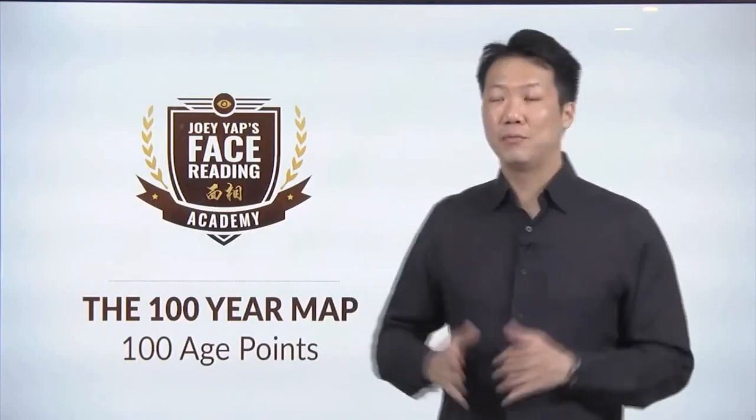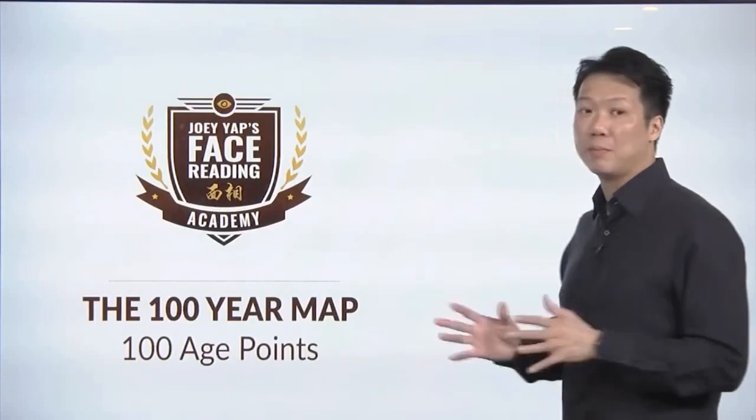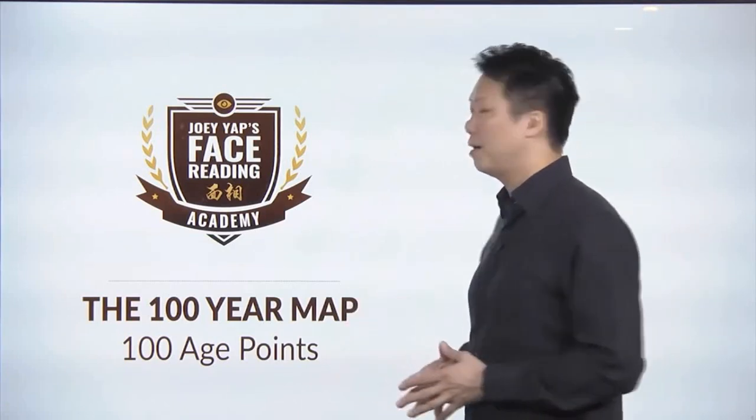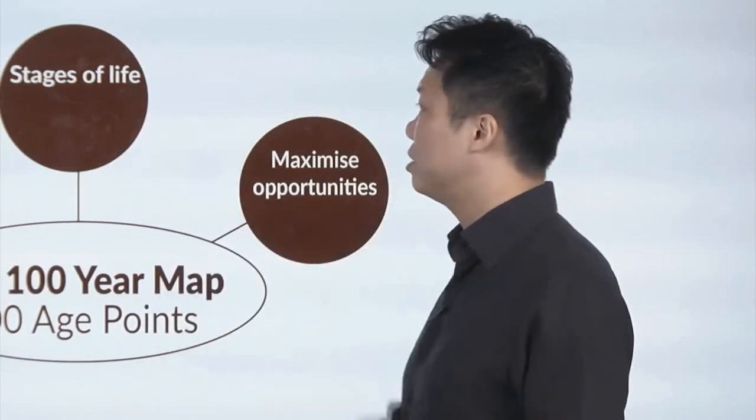Now, of course, like all training, we got to begin with the foundations. And the foundation to face reading is the 100-year map. The 100-year map is basically the 100 points on a person's face. And with this, we know the stages of life.